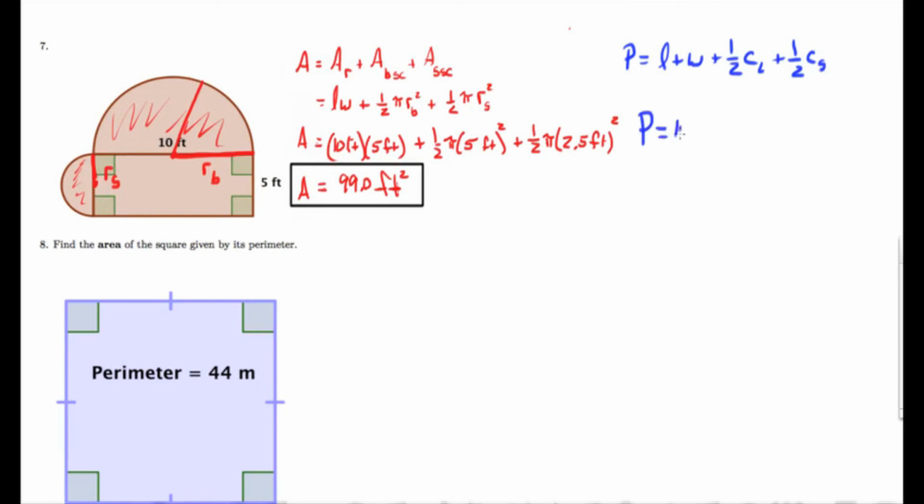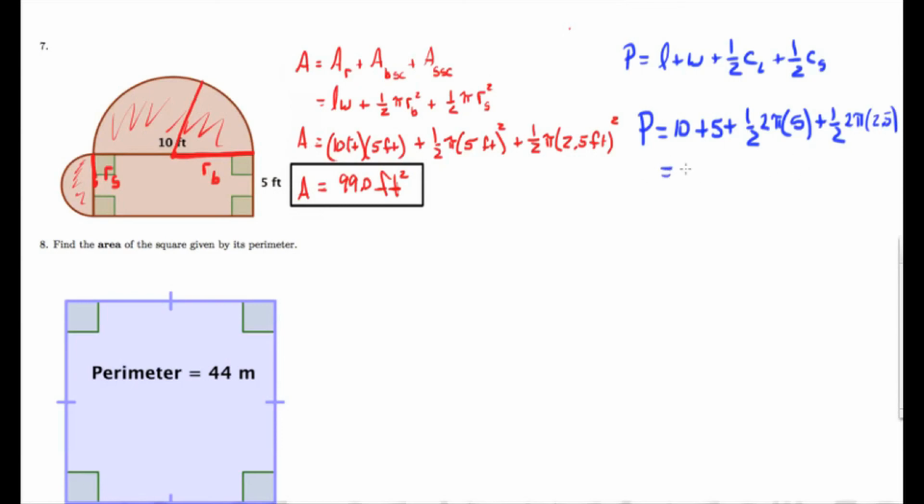So 10 feet plus 5 plus 1/2 Now the circumference is 2 pi r, so 2 pi, and the radius in this case is going to be 5, plus 1/2 the smaller one, so 1/2 2 pi, and the radius is 2.5. And my units are feet, so we'll just remember that.